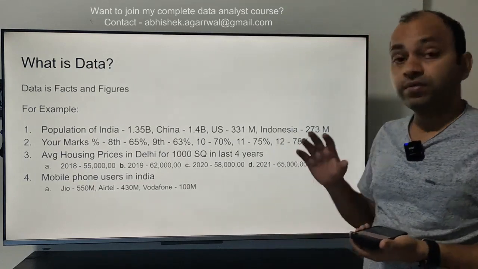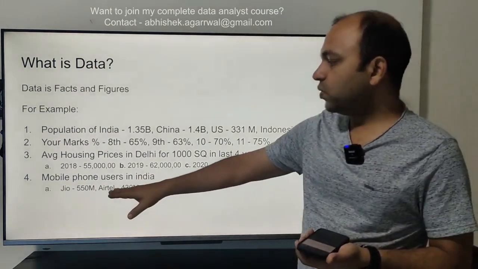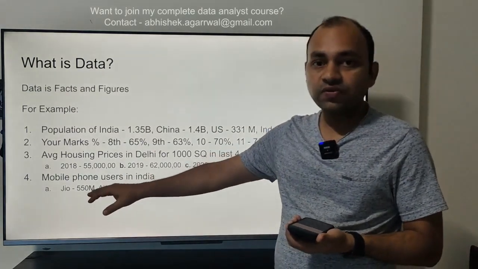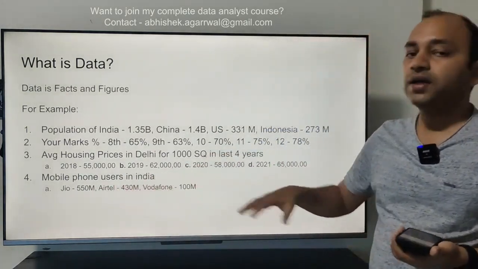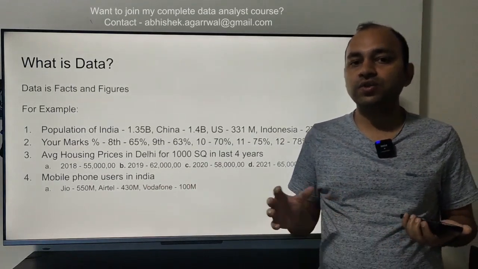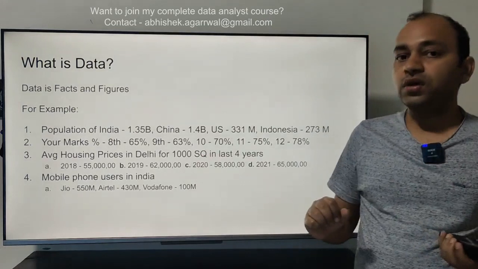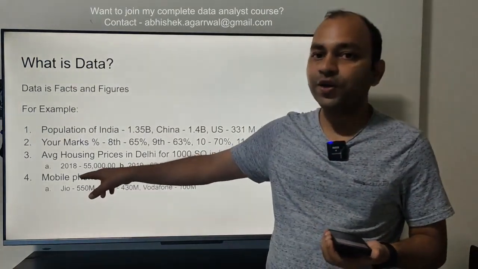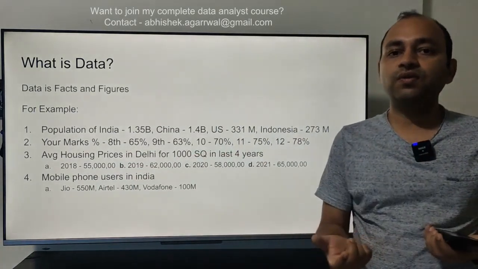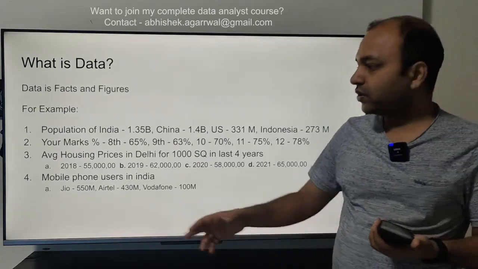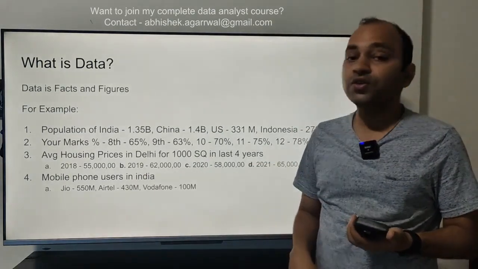In India, you have three: Jio, Airtel and Vodafone, and their subscriber base is 550 million, 430 million and 100 million. So this basically tells you the top three mobile phone carriers, not the users, but the users who are part of a particular carrier. So Jio is one of the mobile providers, the network provider. They have 550 million as a user base.